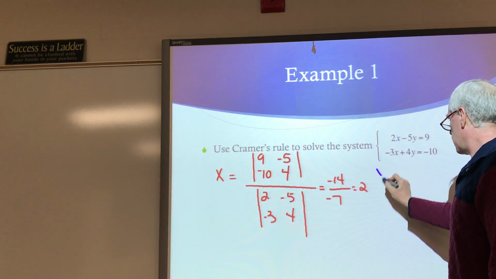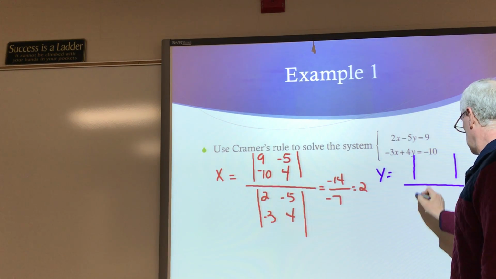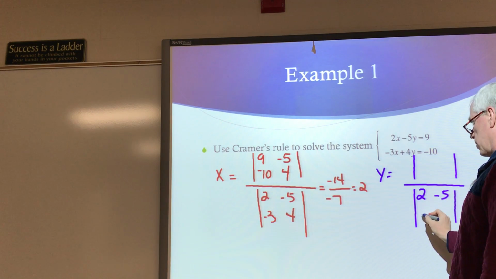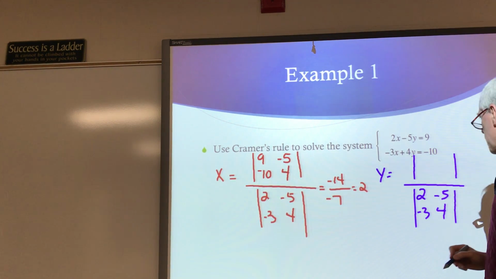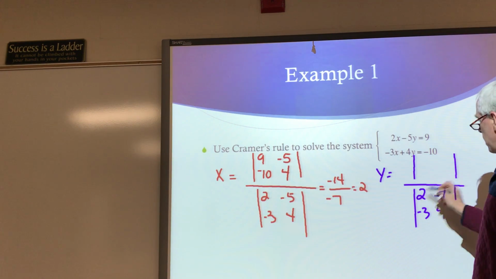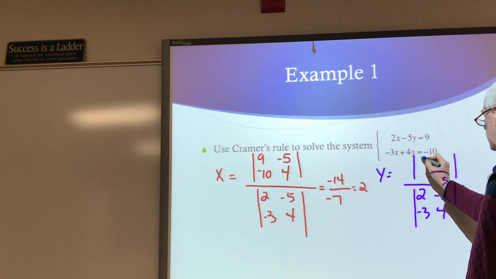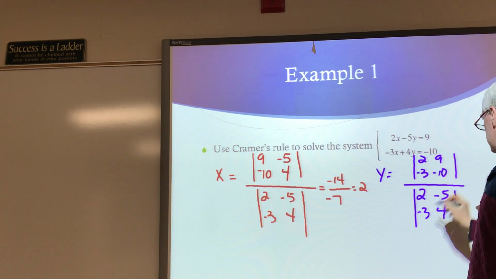Your y: the bottom's the same. I really could have just written -7 on the bottom, but it's that same coefficient matrix. And then the top is going to be the same matrix, except I'm going to replace what's out in front of y with the constants. So it's going to be 2, then 9, and -3, then -10.